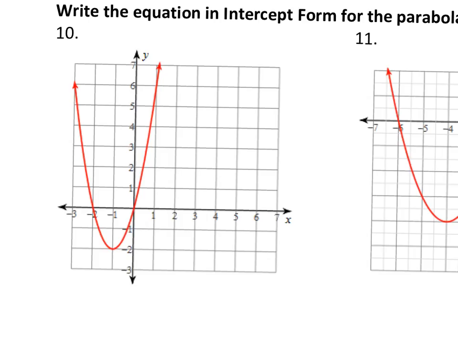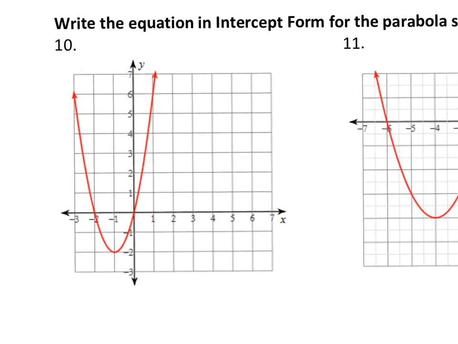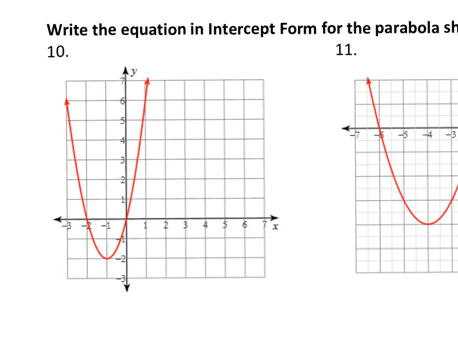Lastly, real quick, we're looking at all this and being able to graph it, but let's just go backwards and write the equation. The way I write the equation is in intercept form, specifically in x-intercepts. You find your x-intercepts. So if your vertex is at negative 1, negative 2, and I'm looking at my slope going up 2 over 1, so I know my slope is a positive 2.